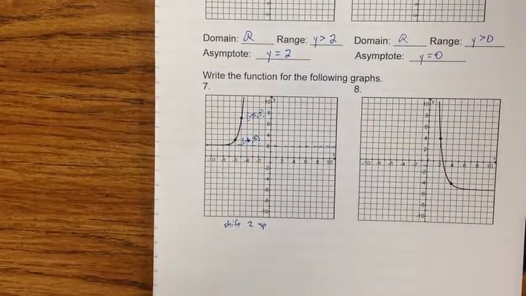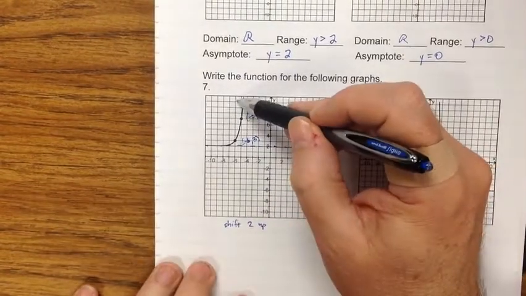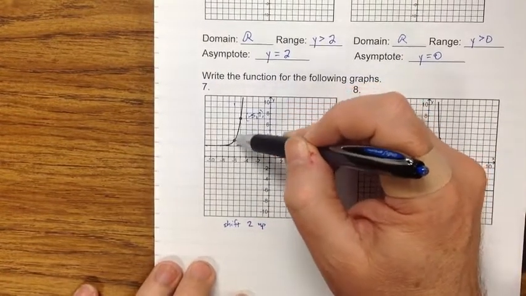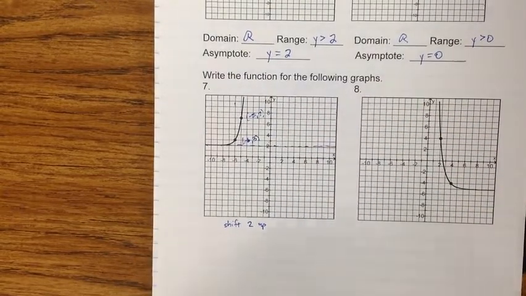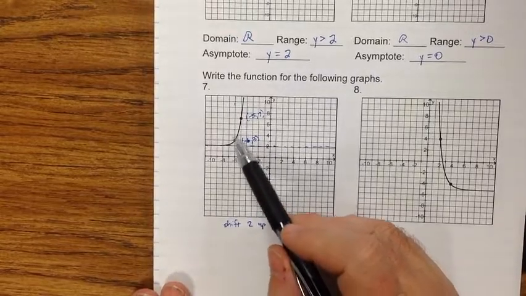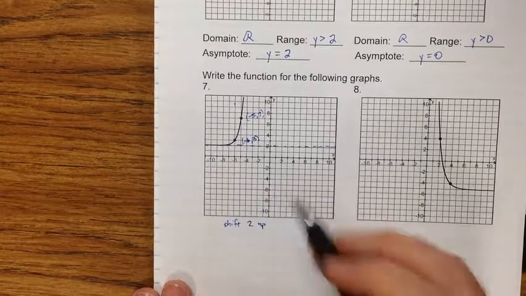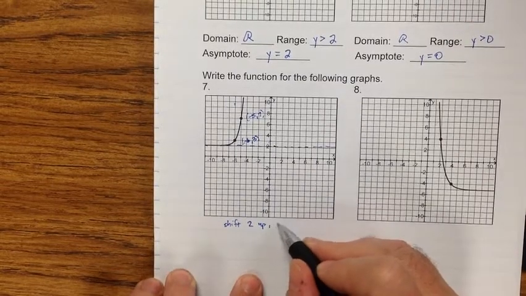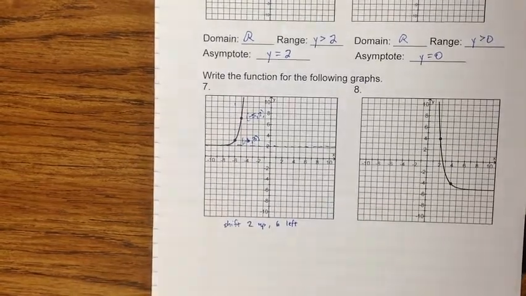This first point acts as basically where my y-intercept should be. The basic exponential function always goes through 0, 1, and that's going to be like my 0, 1 point, so I know that things have been shifted 6 to the left.